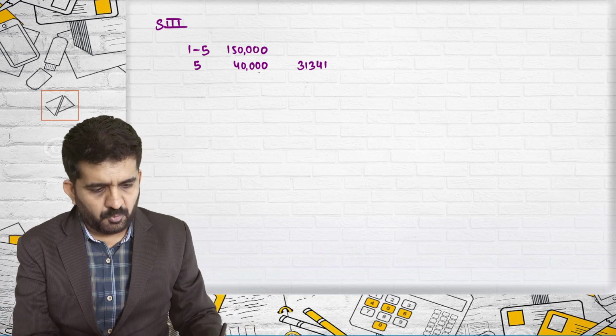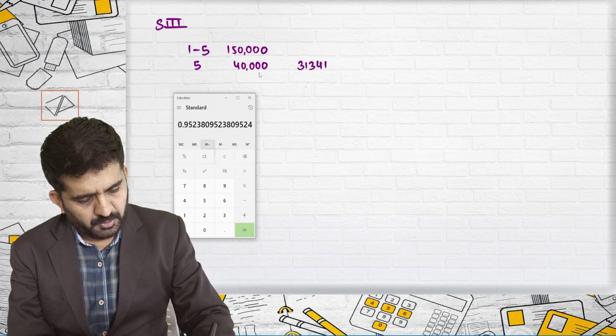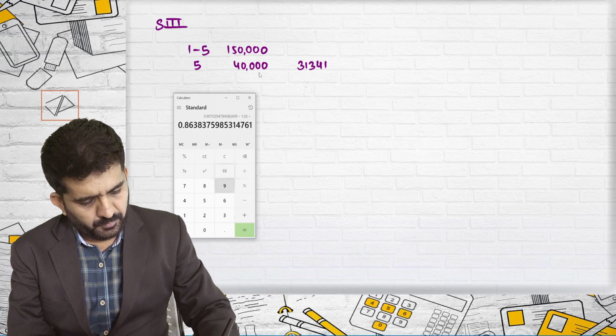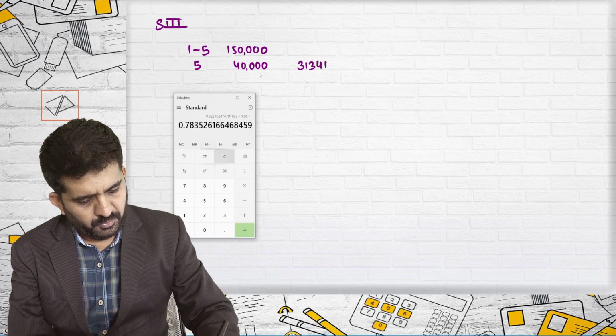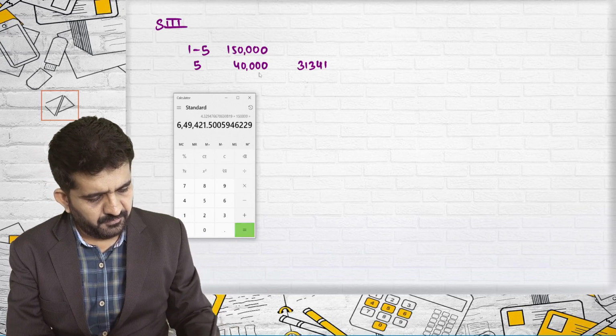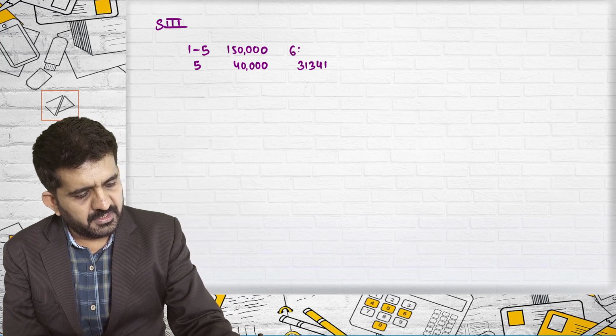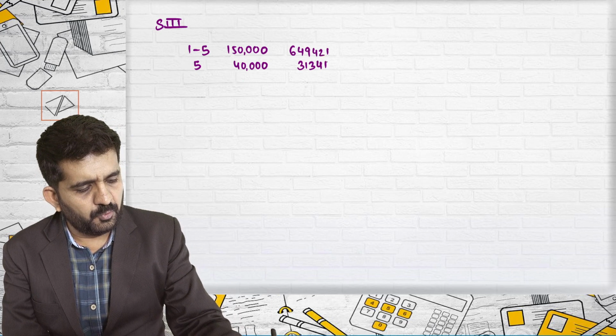So I just need to find out 1,50,000 rupees. 1 divided by 1.05 is equal to M plus, 1, 2, 3, 4, 5, MRC multiplied by 1,50,000. It is 649,421.